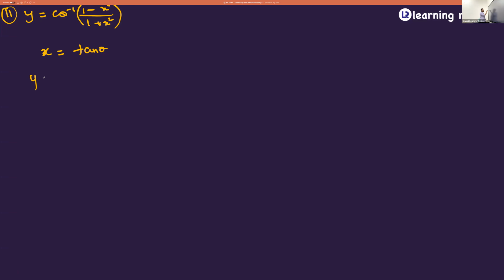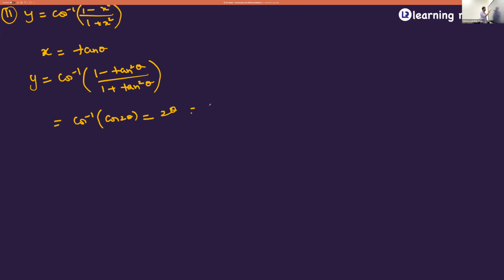When you put x is equal to tan theta, you will get y is equal to cos inverse of 1 minus tan square theta divided by 1 plus tan square theta. This will be cos inverse of cos 2 theta. This will be 2 theta, or this is going to be 2 tan inverse of x. So what is dy by dx? It will be 2 divided by 1 plus x square.